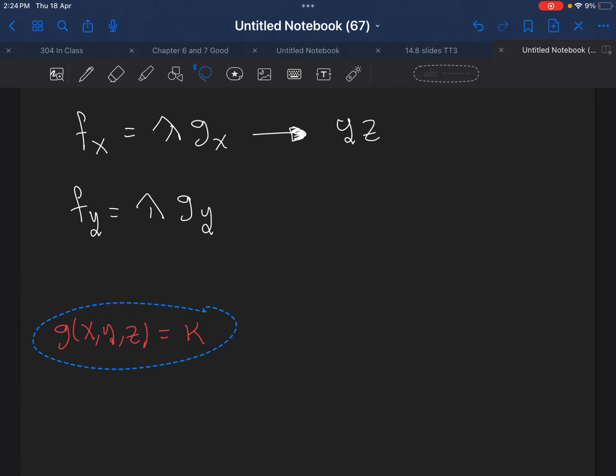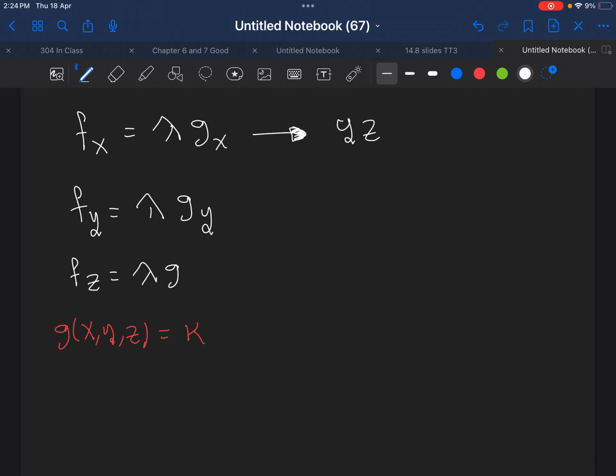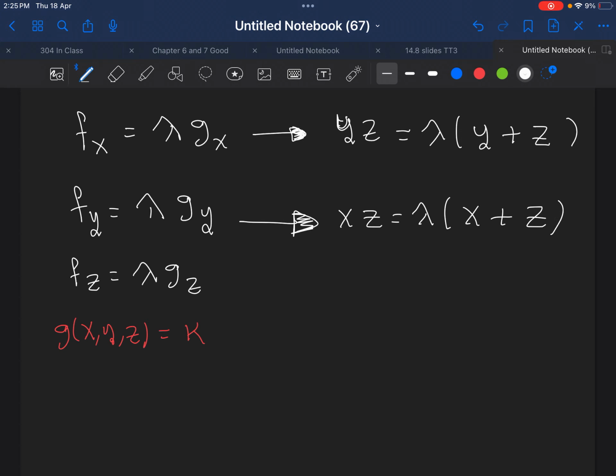And if we don't forget the z, it is 4 equations in 4 variables. So first we get yz equals lambda. Now what's the derivative of g with respect to x? It is only y plus z. The second equation will be just xz equals lambda times (x plus z).